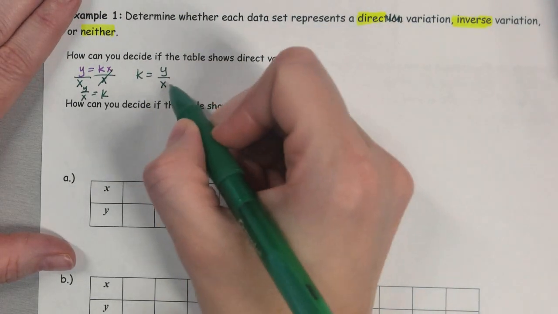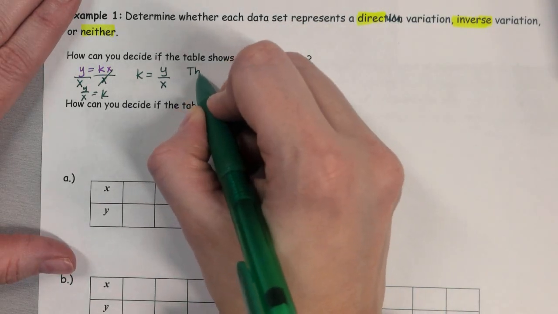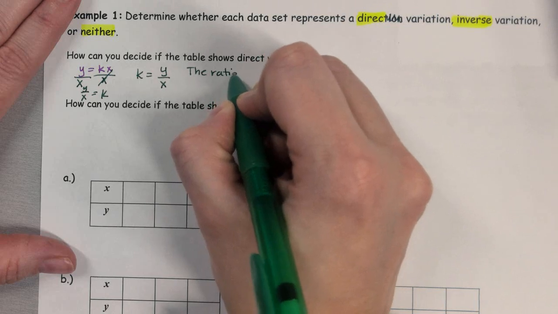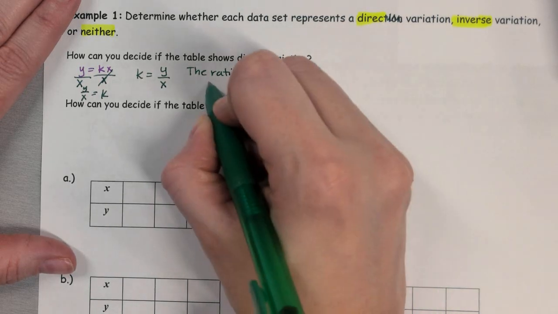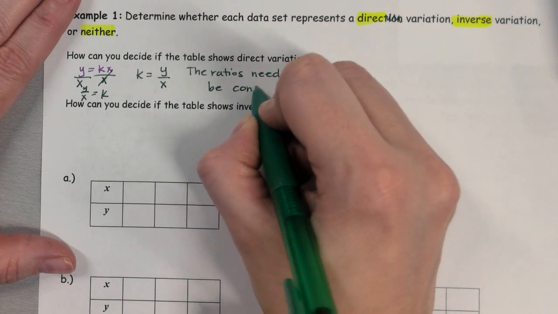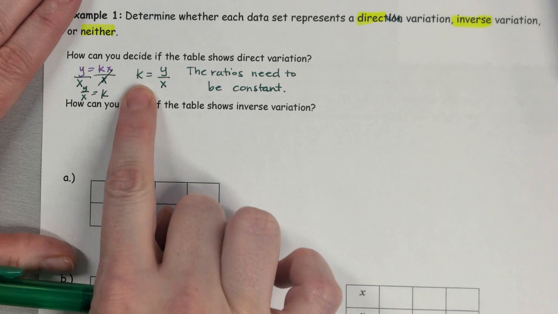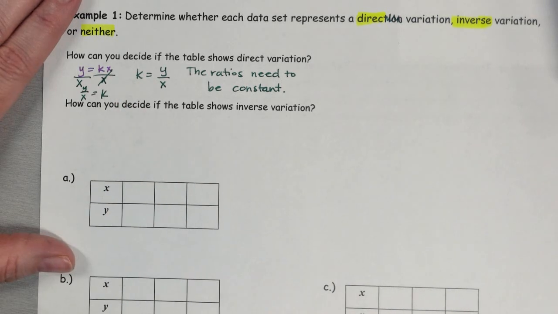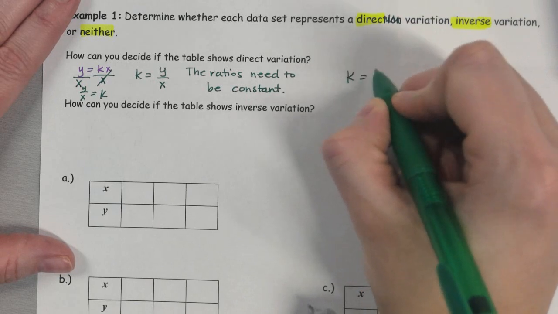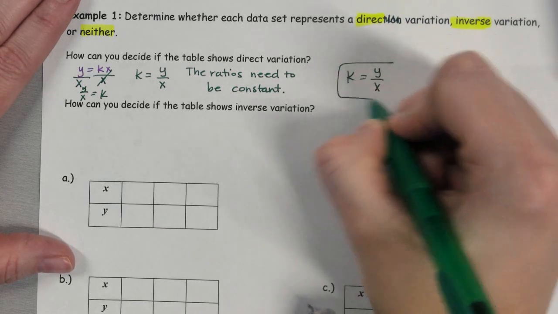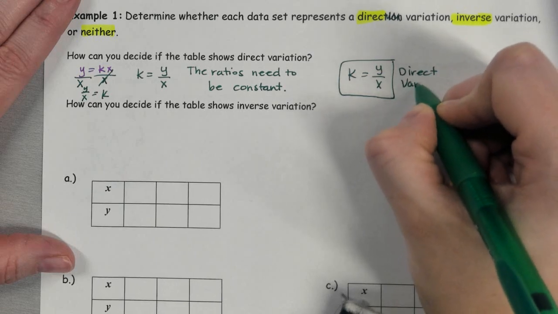And then what has to happen is the ratios need to be constant. So all of the k values would have to be the same, and the ratio is going to be y over x. I'm just going to label it as direct variation. That's what we're going to use.